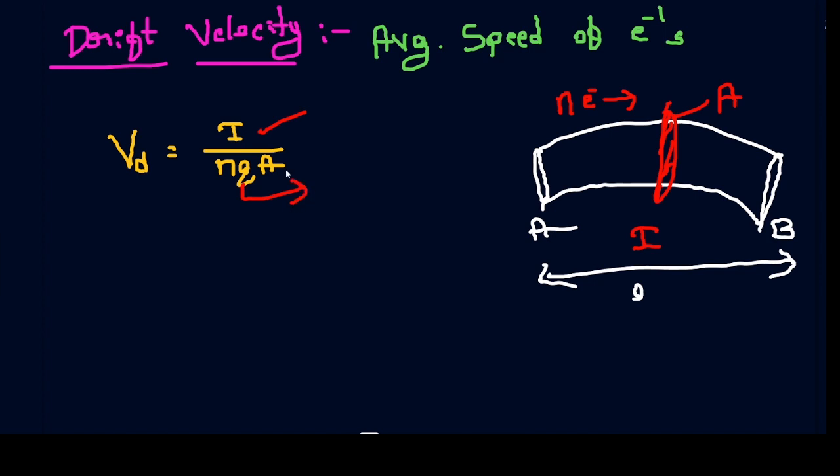Instead of charge, what are these charges in motion? They are nothing but electrons, right? So I'm simply writing what I is. You simply take all this denominator to the LHS, right? Now it will become I = nAeVd, right?